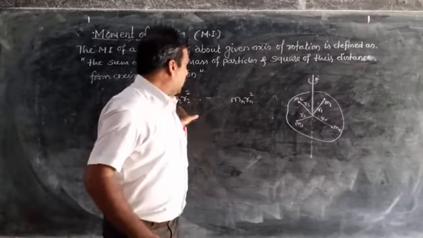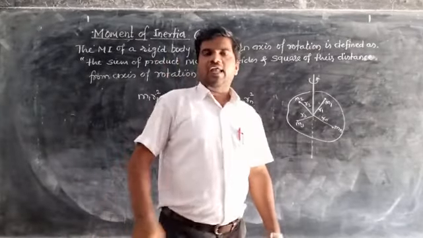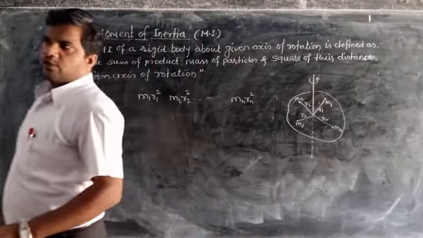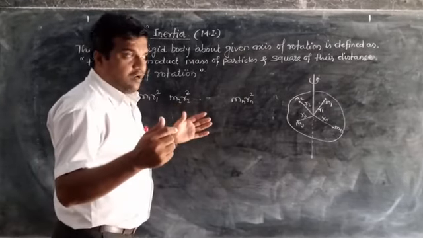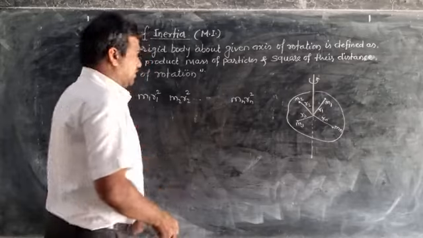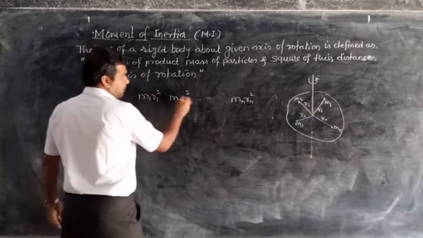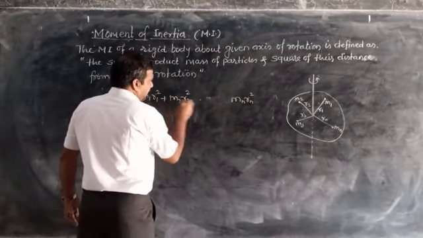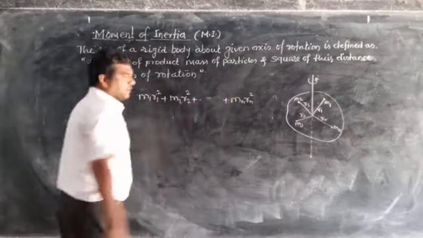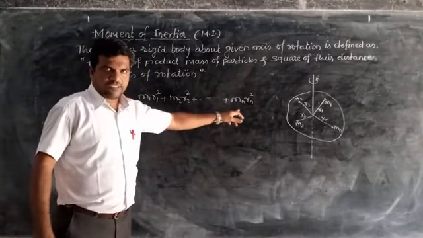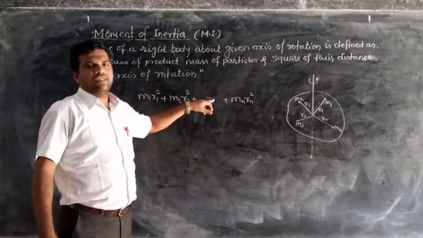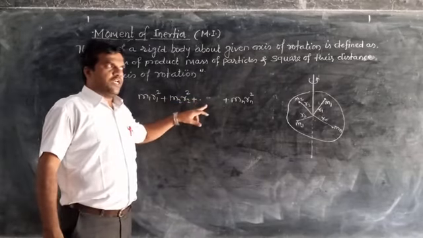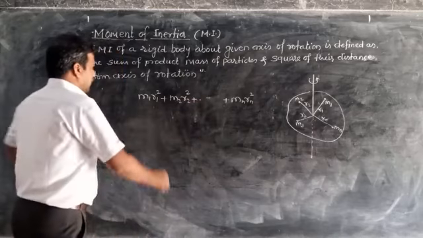Now these are the products of the mass of each particle and the square of its distance from the axis. Now we take the sum of all these products, and this sum of the products of the mass of each particle and the square of its respective distance from the axis of rotation is called moment of inertia.